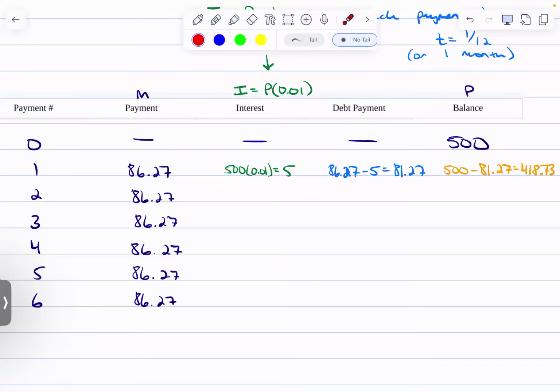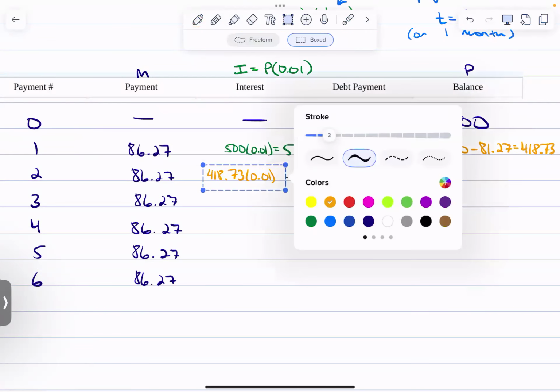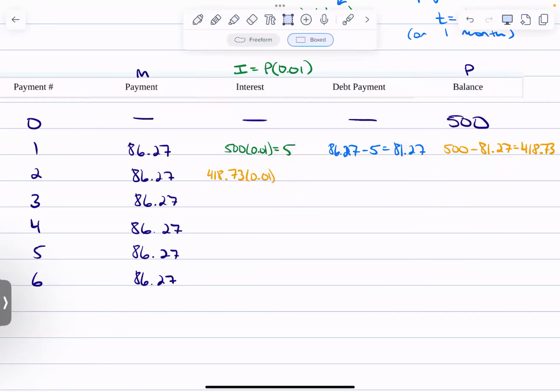I get 418.73 times 0.01, and you want to make sure that you round to 2 decimal places.